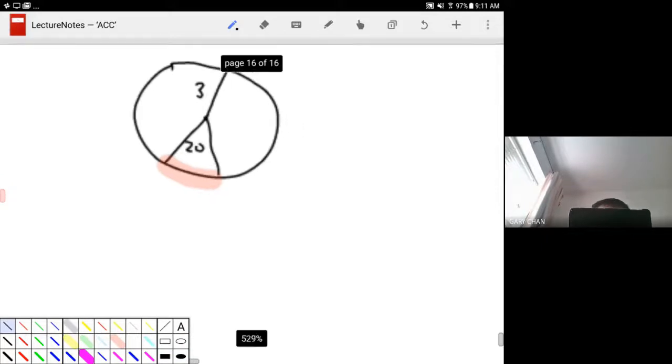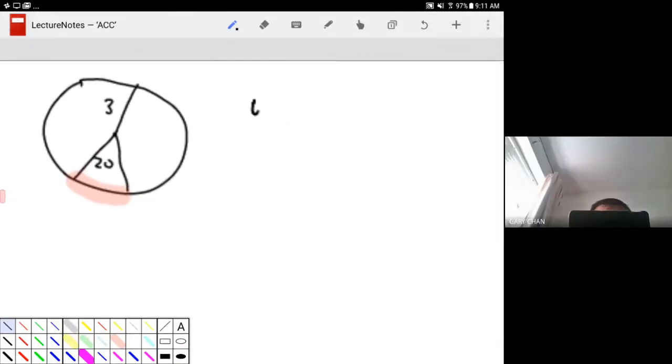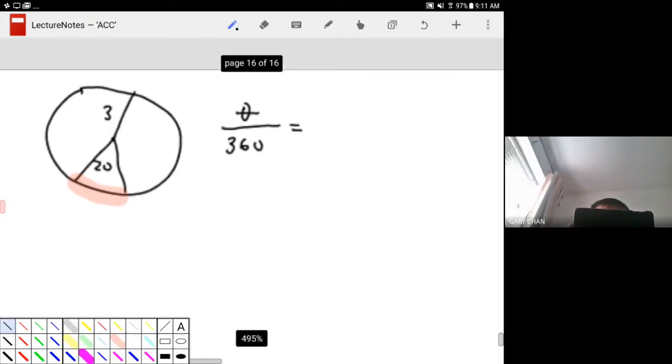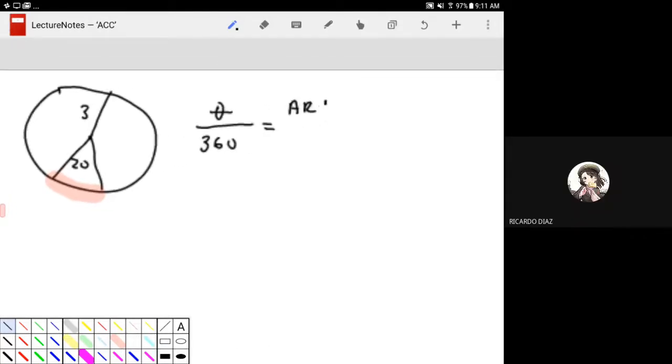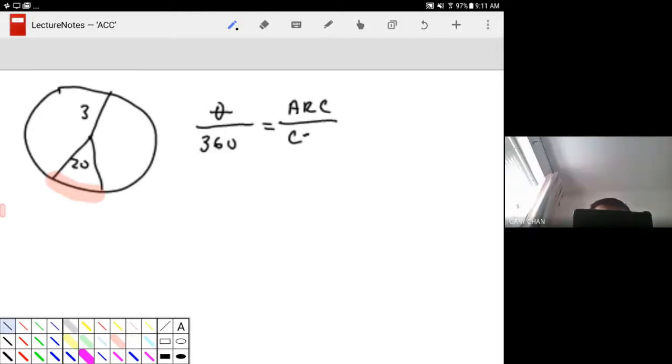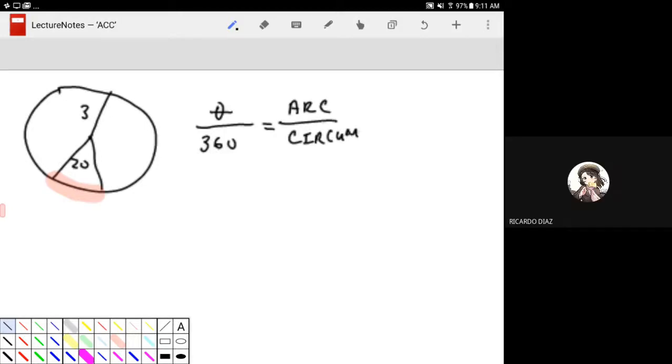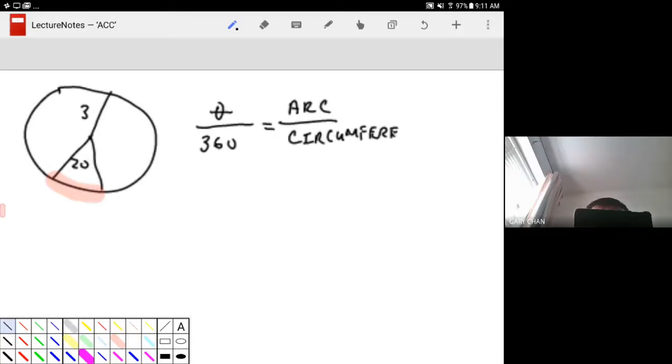So wait a minute. The formula I gave you a moment ago was theta over 360, which is equal to arc length over circumference. Over the circumference, right? Okay, so what is the circumference formula, by the way?